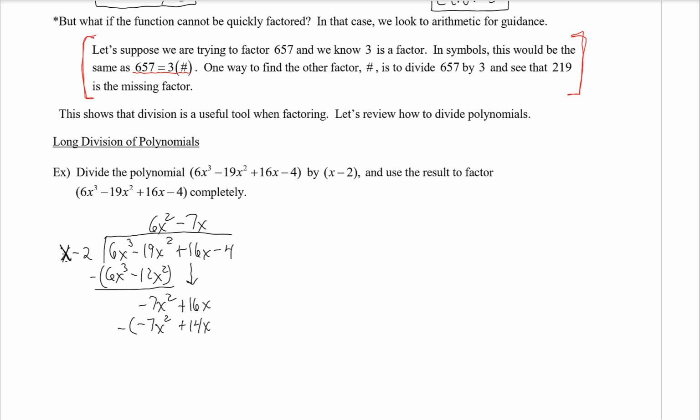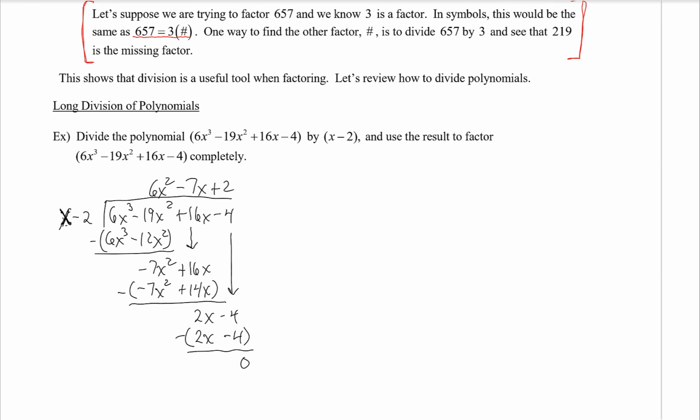And then we're going to subtract. And then let's see, we're going to get 2x. And then we drop down the next number. And then x times positive 2 gives me 2x. That times that's my negative 4. And then we subtract. And we get 0. There's nothing else to drop down.